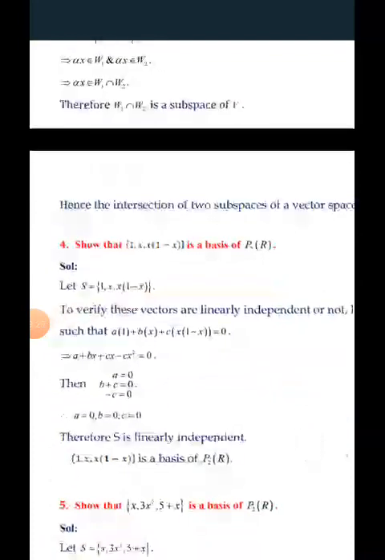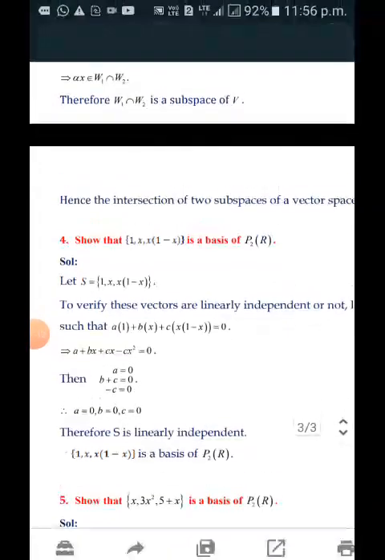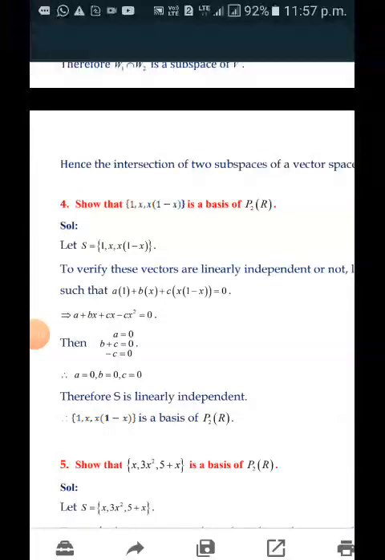Now to verify whether these three vectors 1, x, x into 1 minus x are linearly independent or not, using the scalars a, b, c, let us take the linear combination a into 1 plus b into x plus c into x into 1 minus x equal to 0. From this equation let us find the scalar values a, b, c.